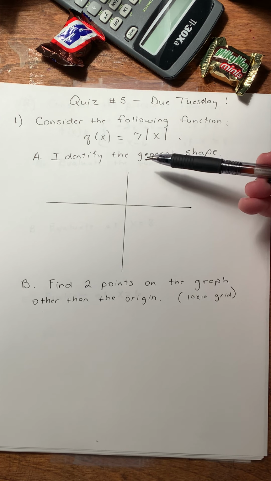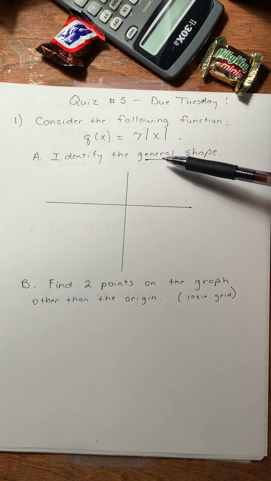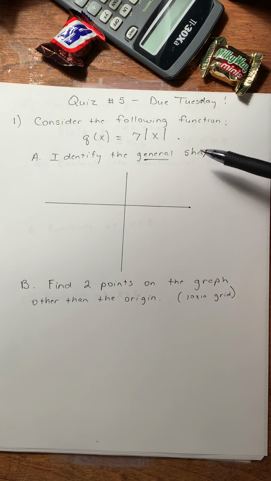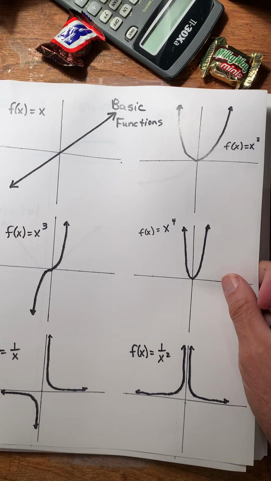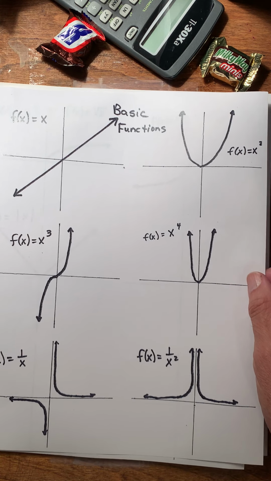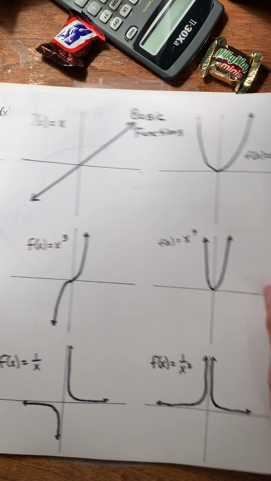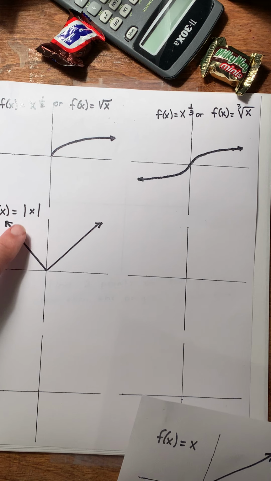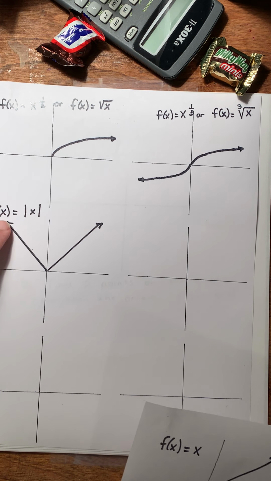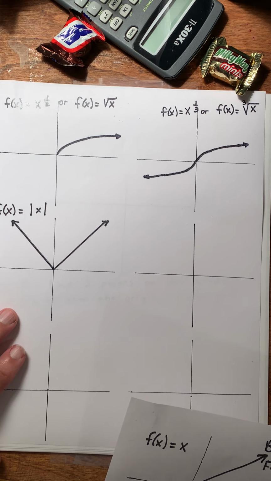So the first thing it says is identify the general, that's the key word, the general shape of this function. That's the absolute value of x. So I go to my basic functions and look for the shape of absolute value of x. Aha, there it is. Absolute value of x is an upward pointing v.